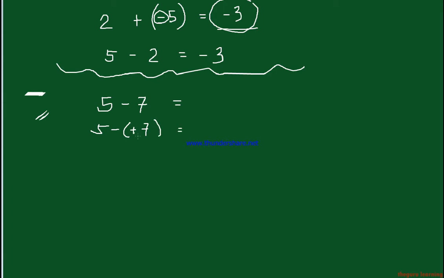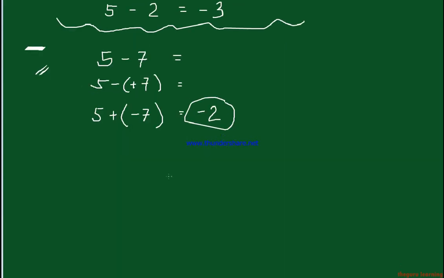Am I right? So this positive 7 will become negative 7 because we will negate the second term, and therefore we will have an addition. The operation will become addition. 5 plus negative 7, and then applying our skills from addition, that's 5 minus 7, we will have negative 2. You're indebted with 7 and you pay 5, you're indebted with 2. Negative 2.